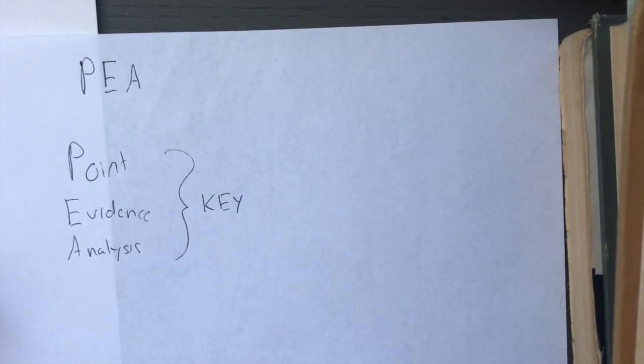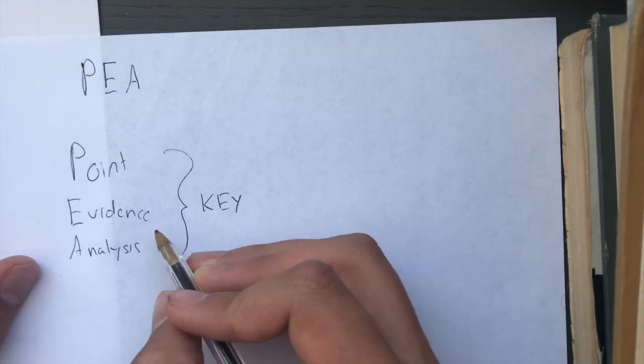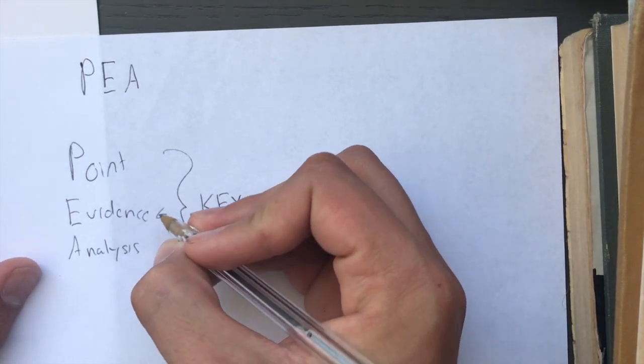The evidence is basically where you find from a source or from an opinion or from somewhere basically a backup of your point. And a very important part of evidence is when you're quoting.